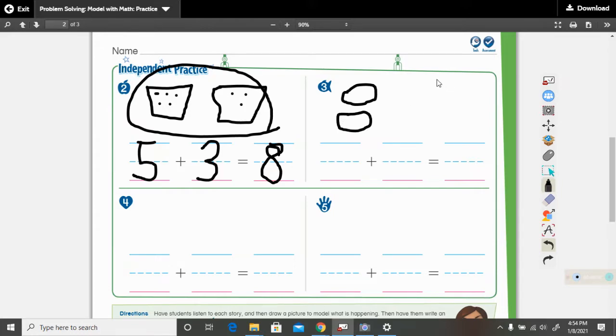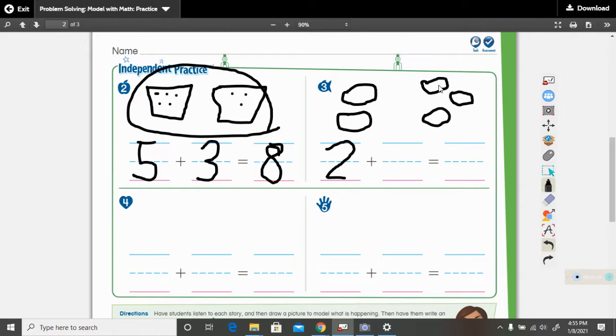And she lays 3 eggs the second day, so in this group, we are drawing the 3 that she laid the second day. How many does she lay in all? So we have our picture. Now we need to write our equation. How many did she lay the first day? She laid 2.